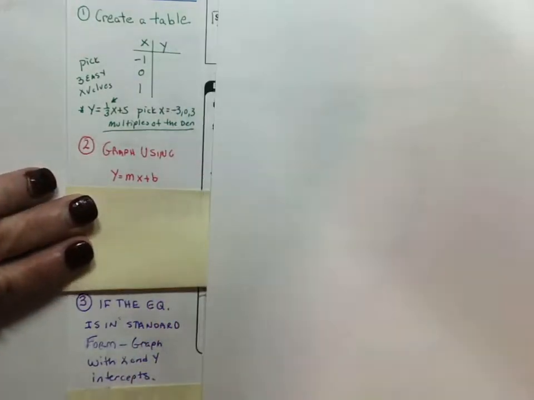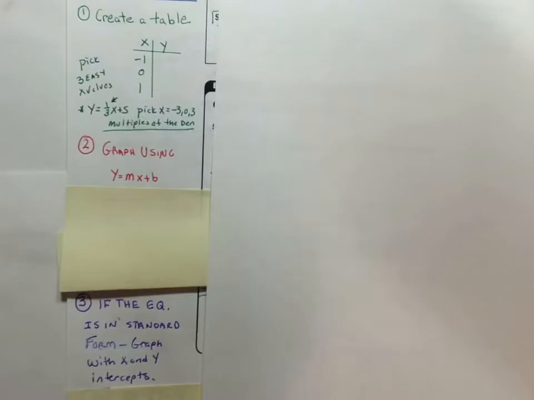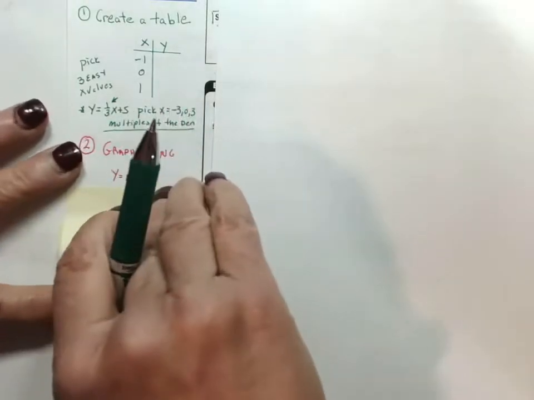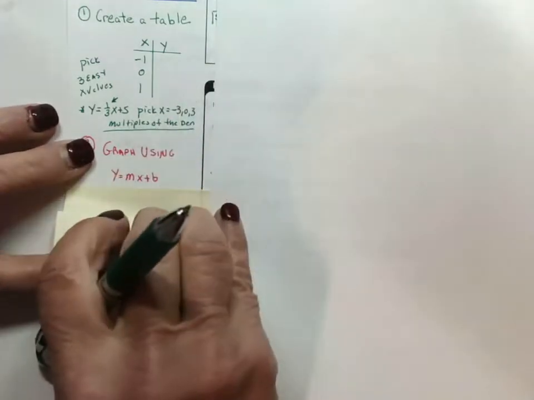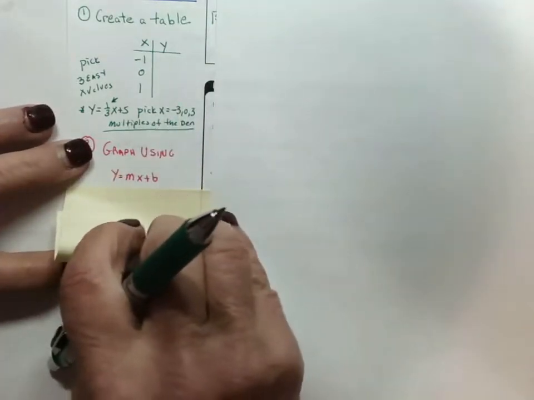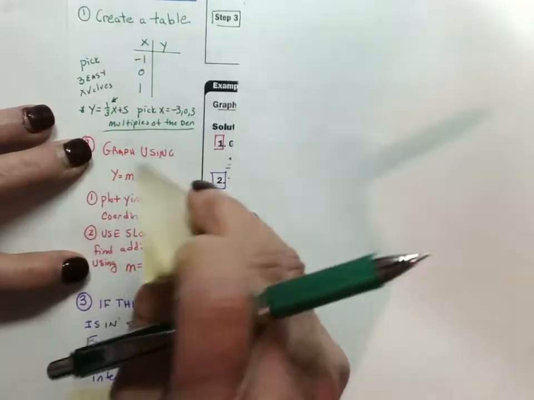Now, if you want to graph using y equals mx plus b, which is probably the one that you're going to do the most often, you have to remember that m is slope, b is y-intercept.